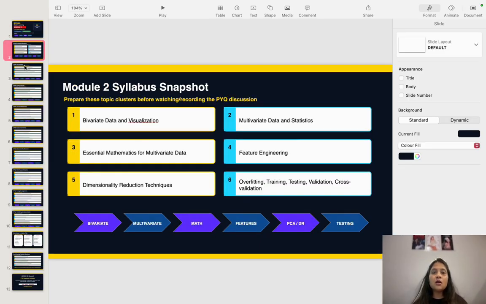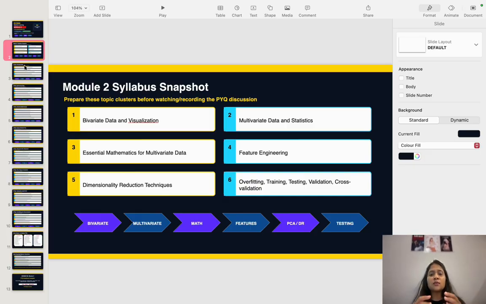So this is the overview of Module 2. Module 2 mainly deals with understanding data and learning theory. In this module, we study bivariate data analysis, multivariate data analysis, dimensionality reduction, feature selection, PCA, training and testing, overfitting, underfitting, bias, variance, and generalization.